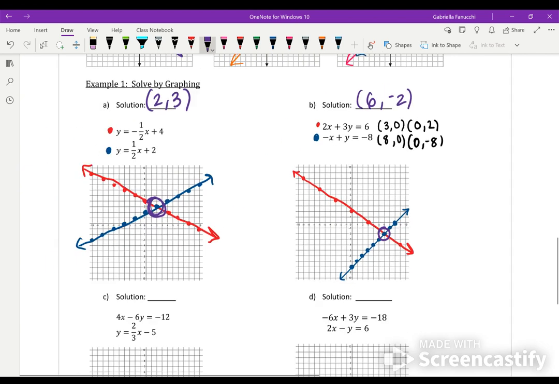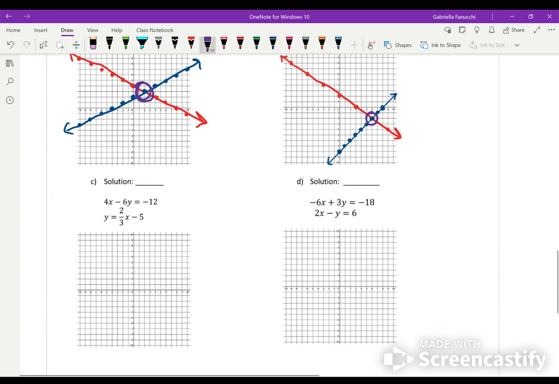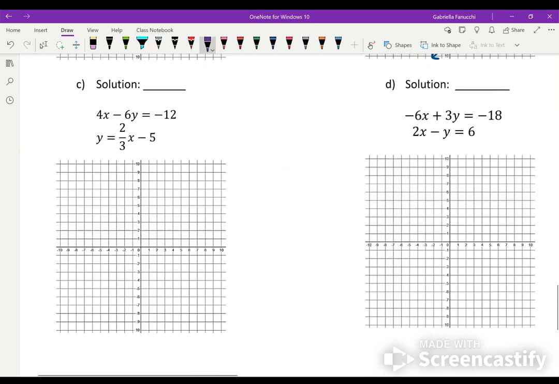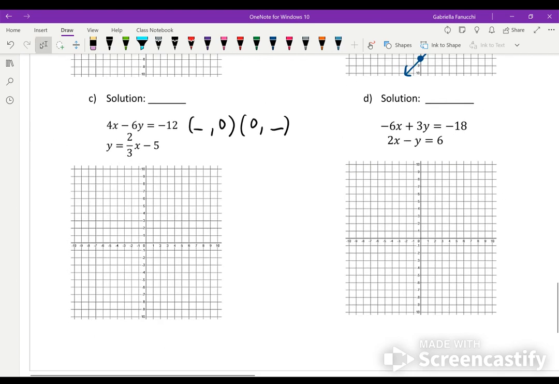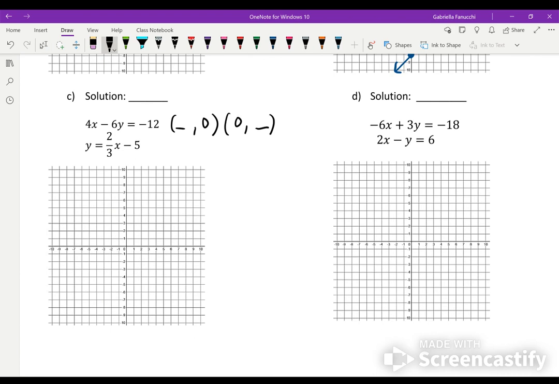I want you guys to go ahead and graph. Find your x-intercept and y-intercept first. So something comma 0 and 0 comma something. This one you can just graph as is. Your y-intercept is negative 5, and you're going to rise 2, run 3. Tell me what the solution is. Same thing with this one. I want you guys to go ahead and do D. This one you can also get your x-intercept and y-intercept easily.